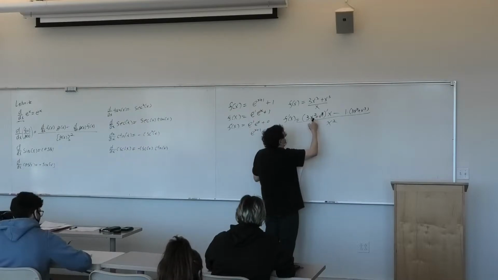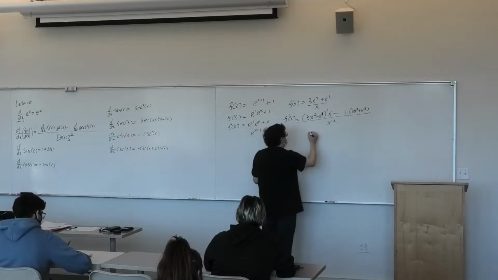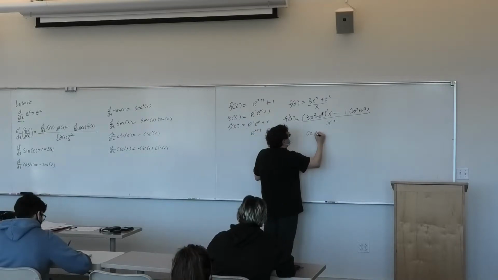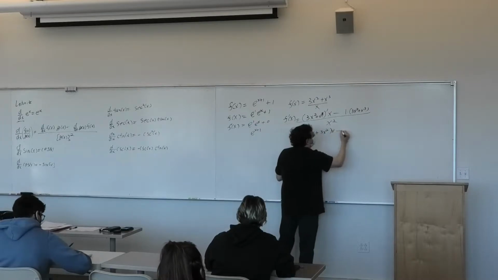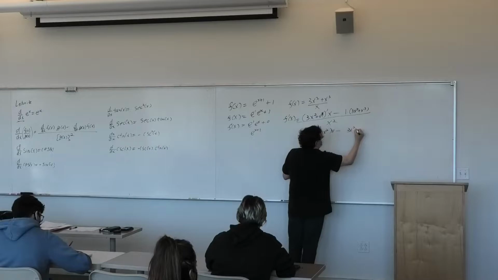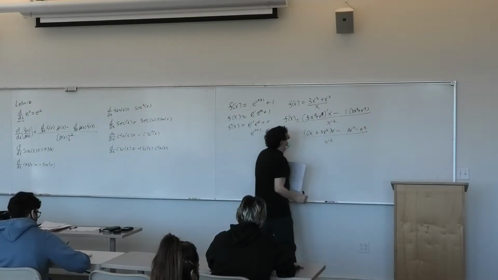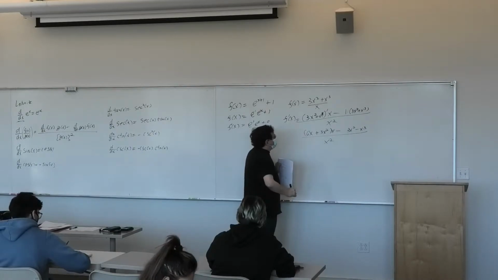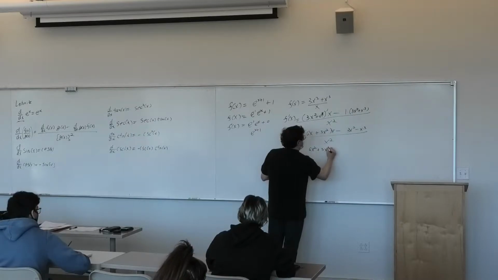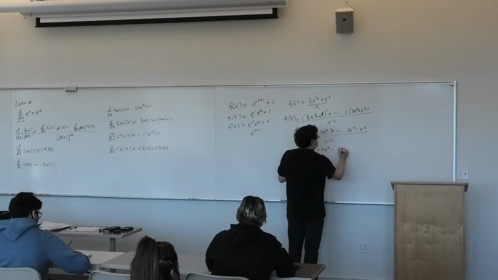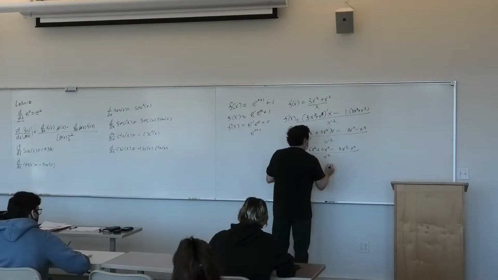Derivative of 3x squared plus x cubed. Now we have to use the sum and power rules, so that's 6x plus 3x squared times x minus 3x squared minus x cubed over x squared. 6x squared plus 3x cubed minus 3x squared minus x cubed over x squared.